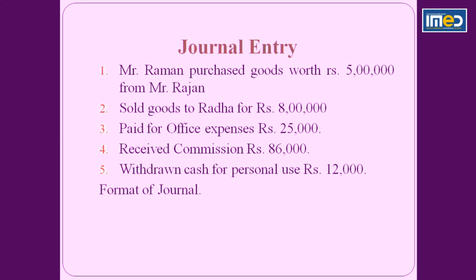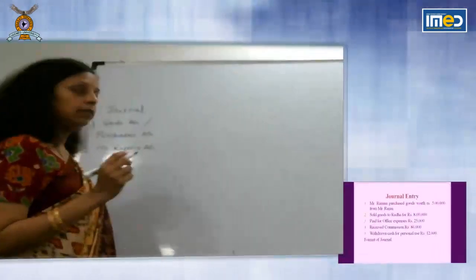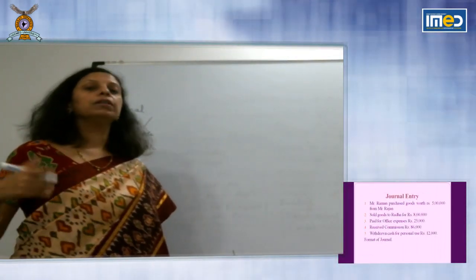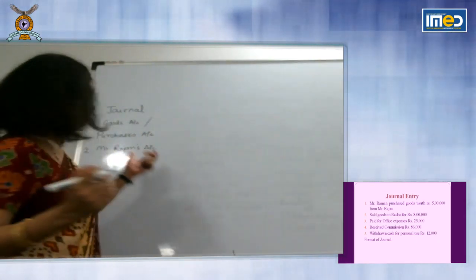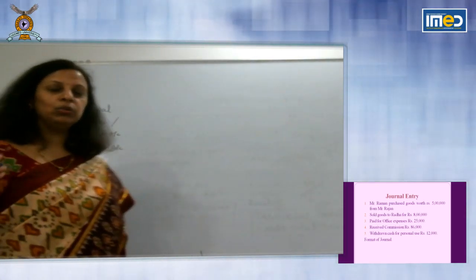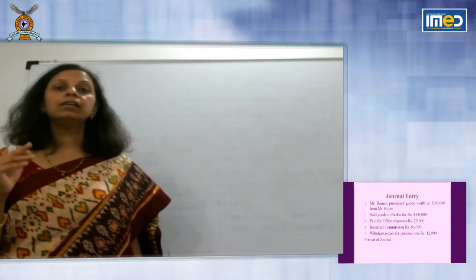Now we will apply the next step. Two accounts involved. Now we have to apply the next step. We have to classify the account as personal, real or nominal. Now goods account, as you can see, it is a real account.